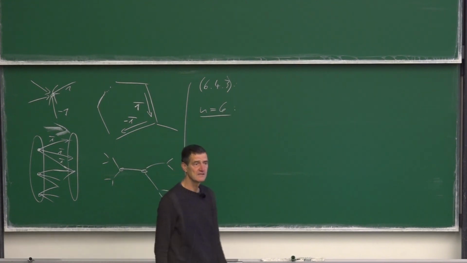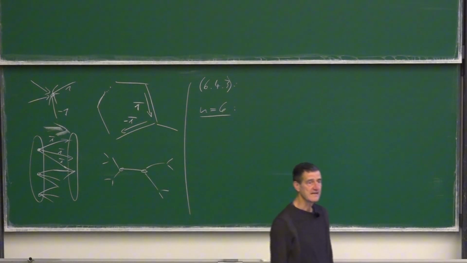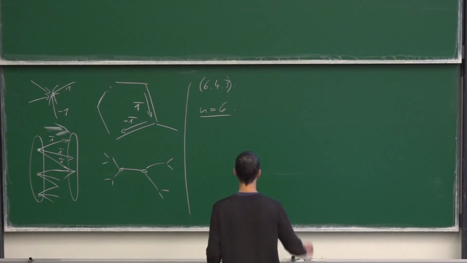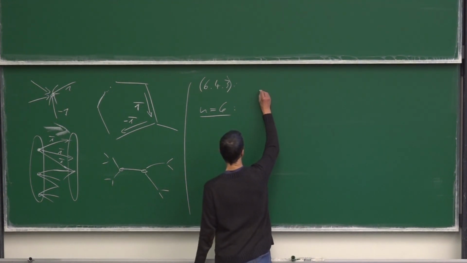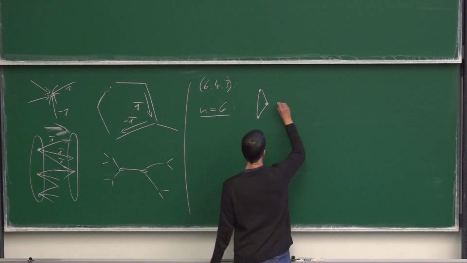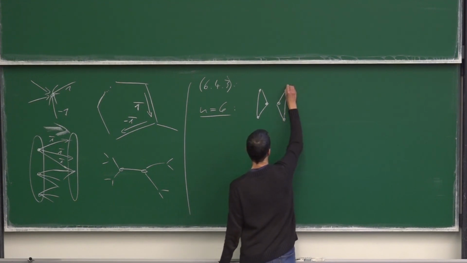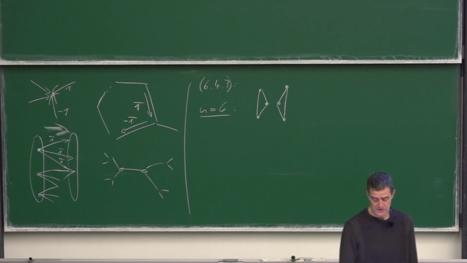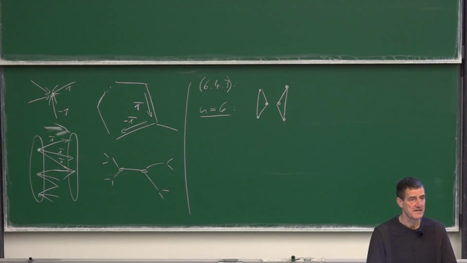Let's look at the case n equals 6. Well, we have a Kn, right? Let's write it in a slightly funny way. 3 vertices on the left, 3 vertices on the right. And our aim is to show that it has a 3 flow.